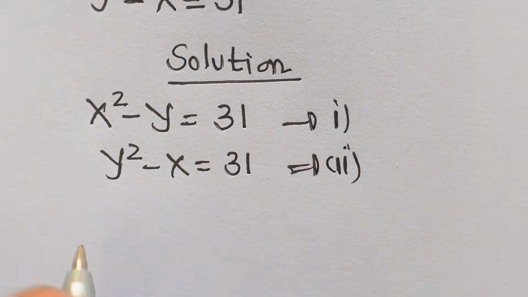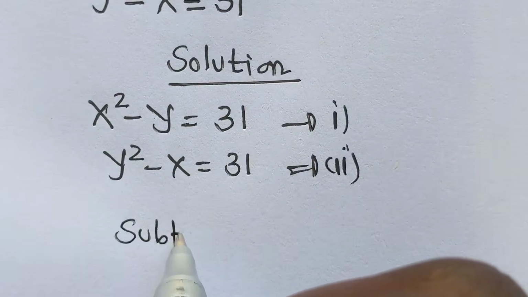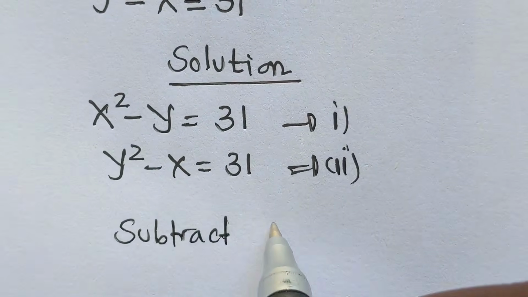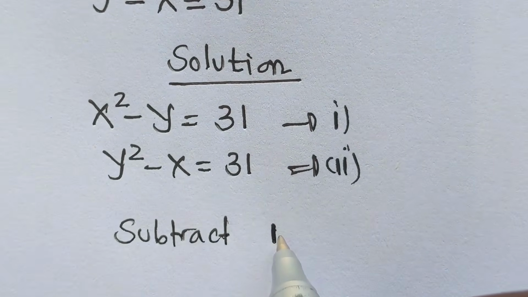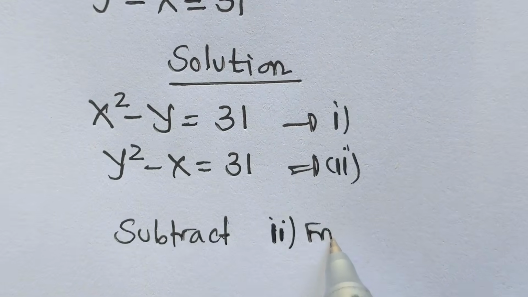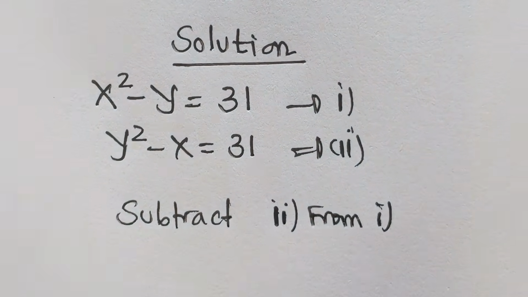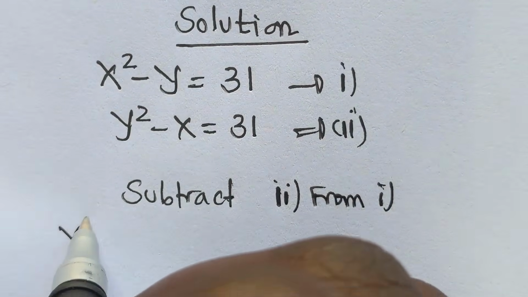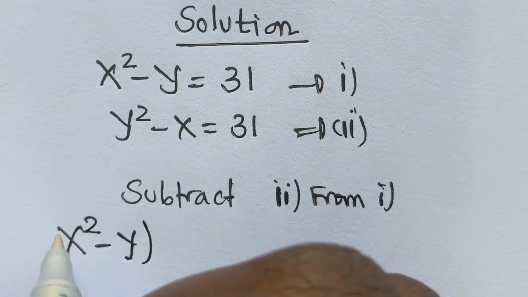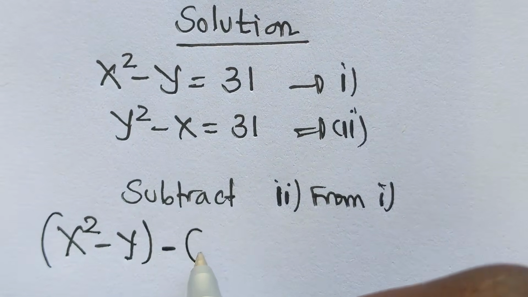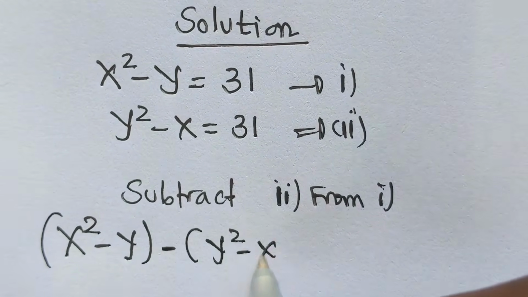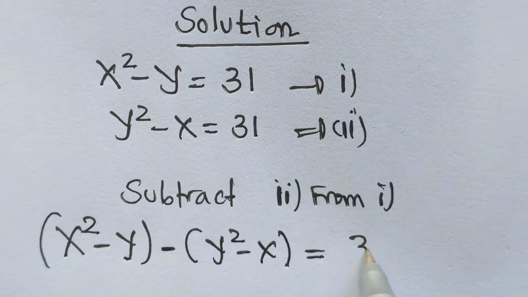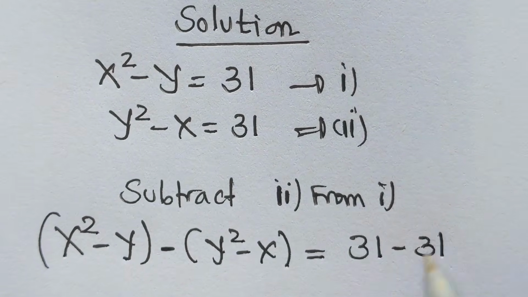Now what can we do? Subtract equation 2 from 1. So what do we have? We have x squared minus y minus (y squared minus x) equals 31 minus 31.